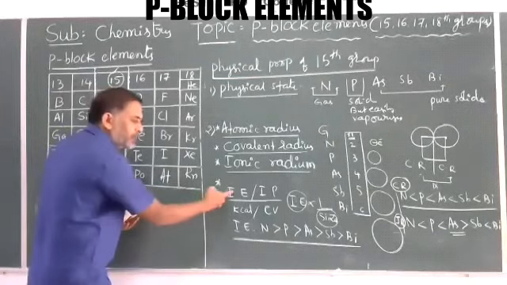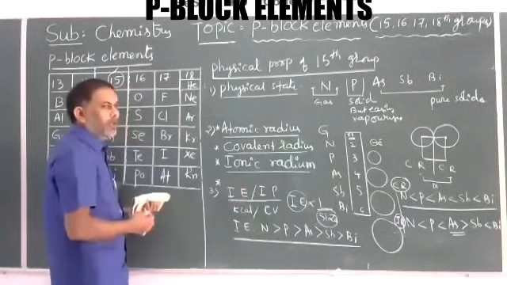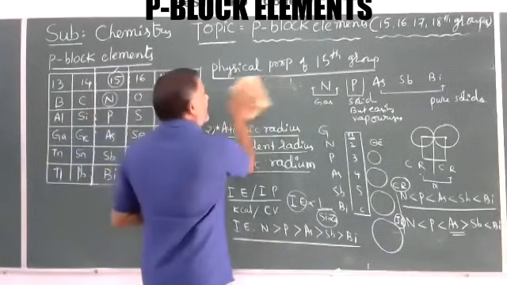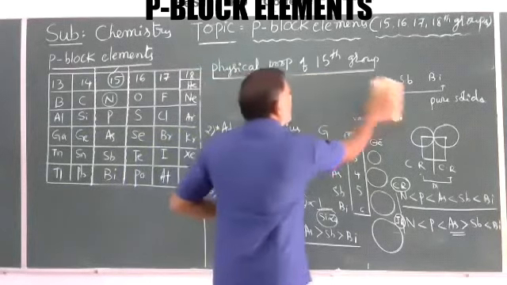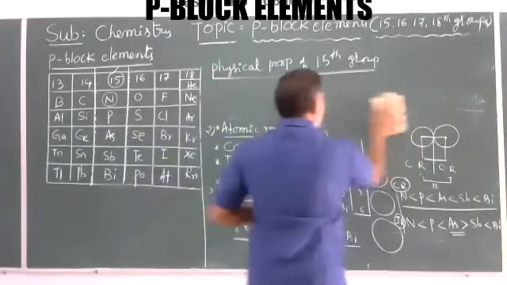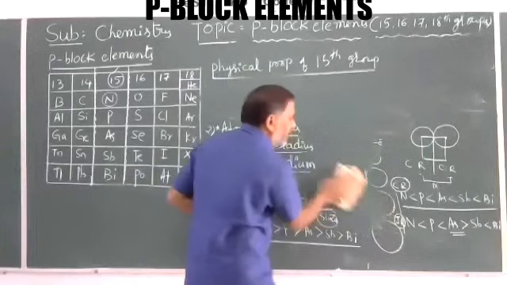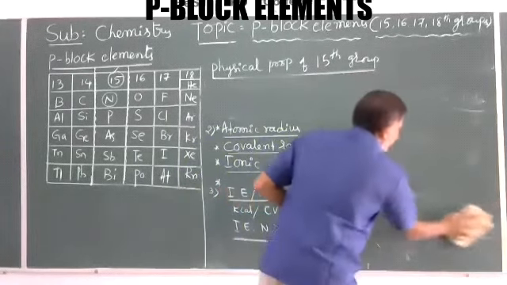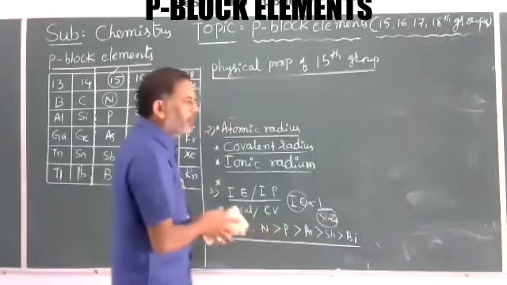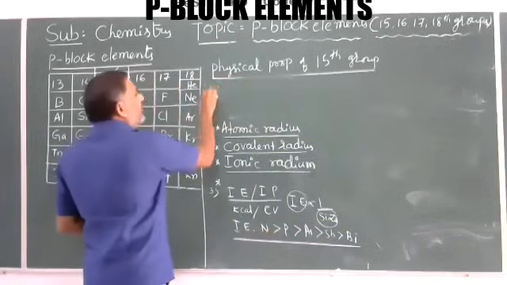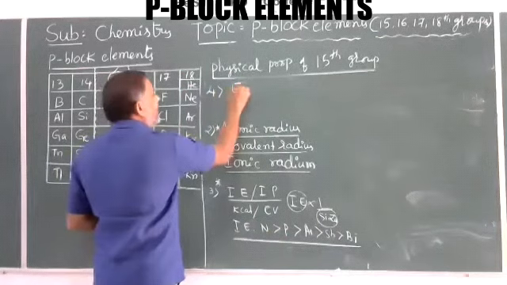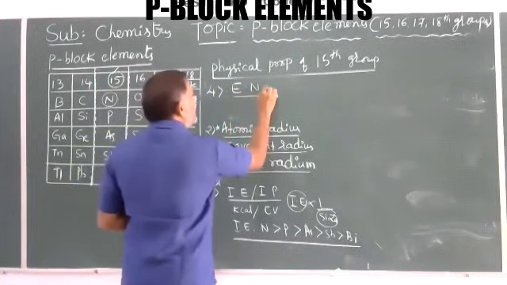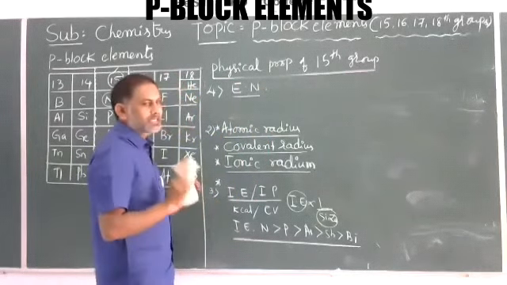Then after ionization energy and ionization potential, comes electronegativity. We know electronegativity is the property of an element present in a molecule which has the capacity to attract the shared pair of electrons towards itself. This electronegativity character generally depends on size.